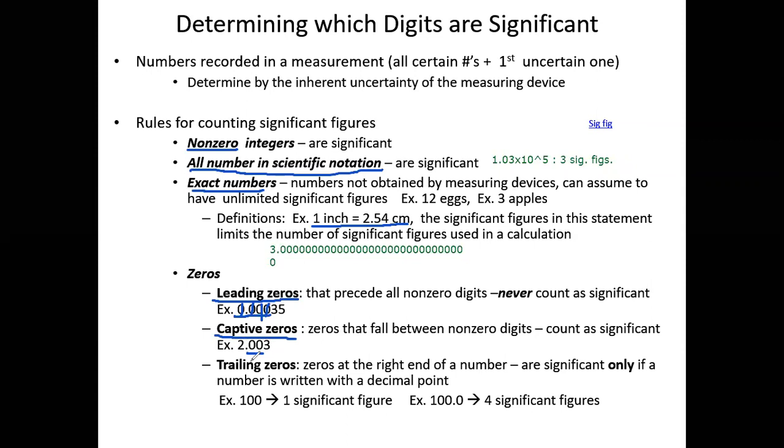Now with trailing zeros, or what we refer to as placeholding zeros, these come to the right of the last non-zero digit. And these are significant only if a decimal point is present. So in the first example, we have 100, but with no decimal point. Since it's 100 with no decimal point, those trailing zeros are not significant.